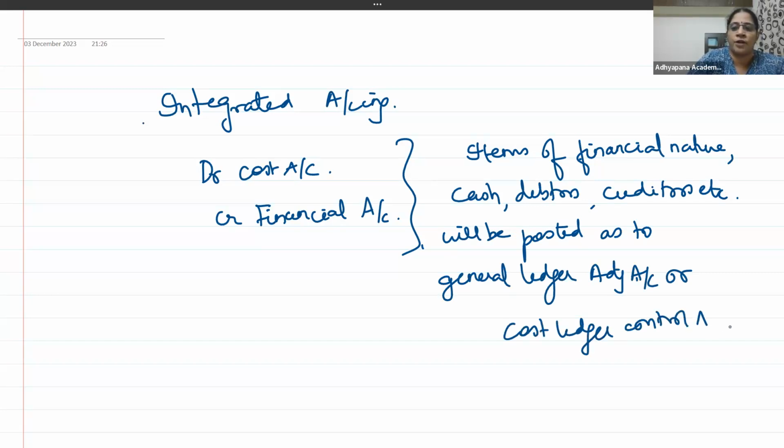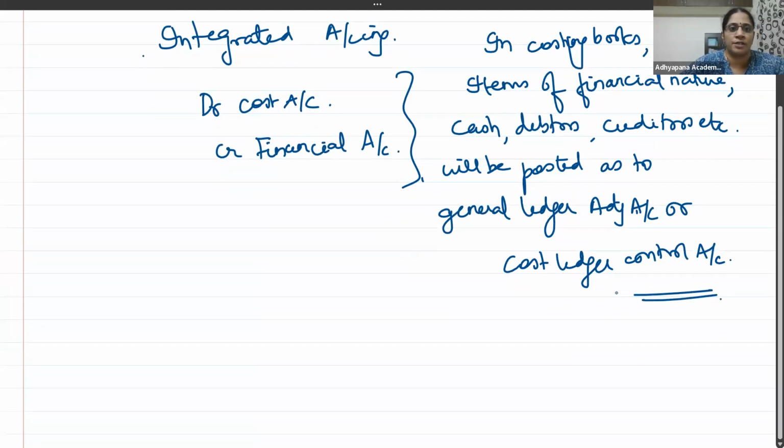Okay, so whenever you have financial transactions in costing books, this entry is in costing books. In costing books, items of pure financial nature will be reflected this way.